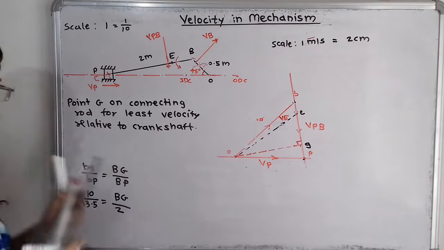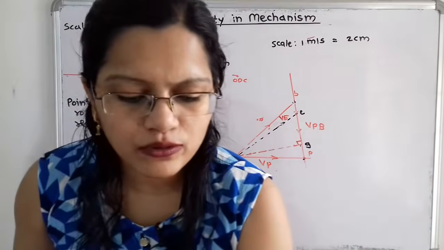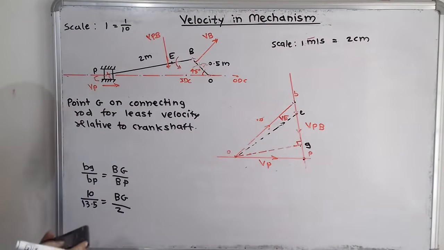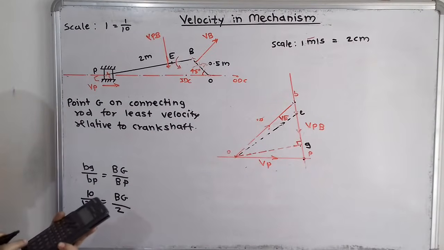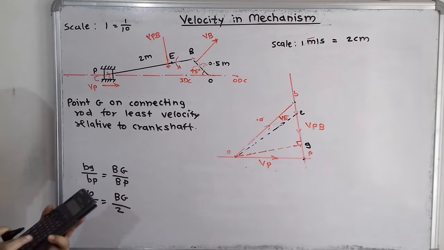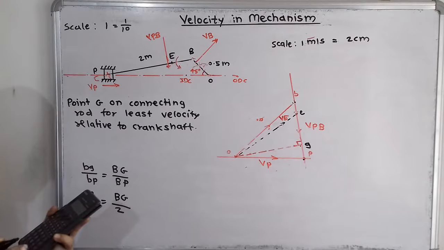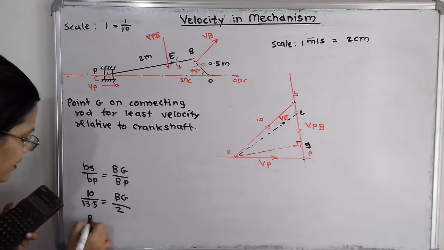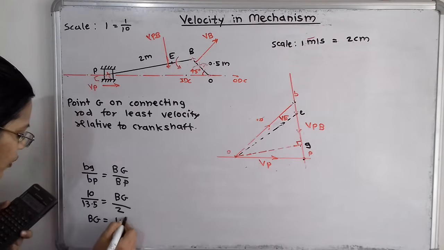Now we solve this, because there is only one unknown term, BG. BG is equal to 10 divided by 13.5 multiplied by 2, that is 1.48. So I will write BG is equal to 1.48.